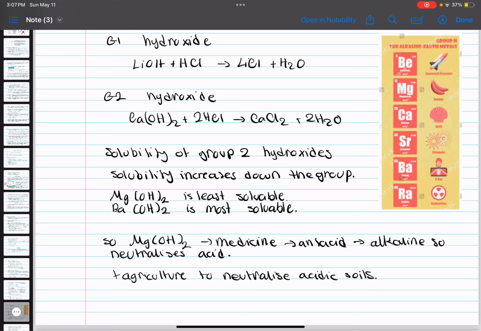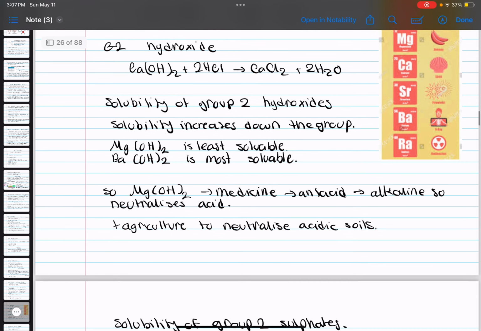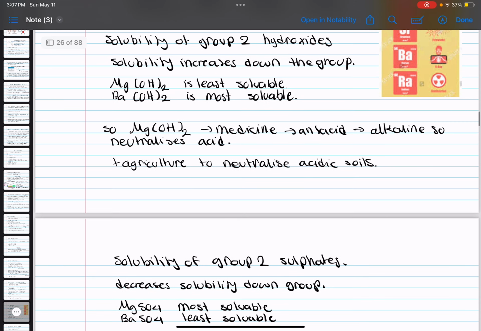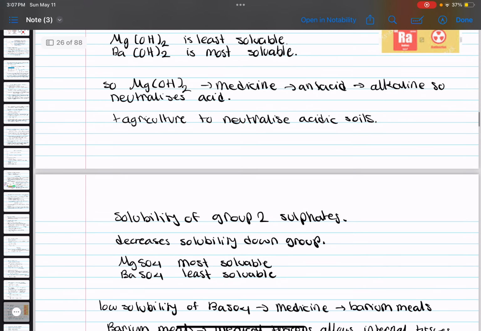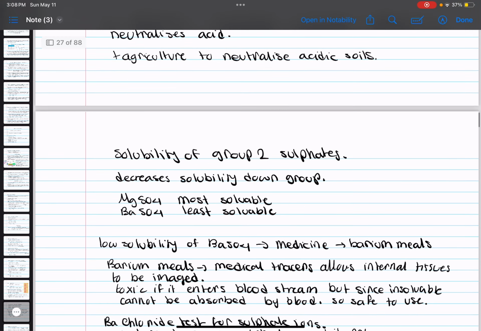So Mg(OH)2 is the least soluble, and barium hydroxide is the most soluble. Mg(OH)2 is used as a medicine because it's an antacid, so it acts opposite to an acid, being an alkali, and neutralizes acid. In agriculture, we use magnesium oxide to neutralize acidic soils.